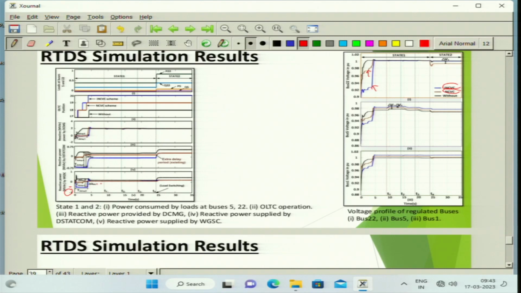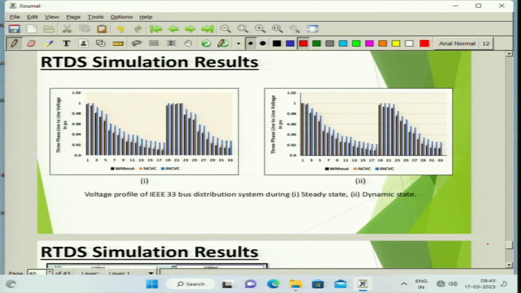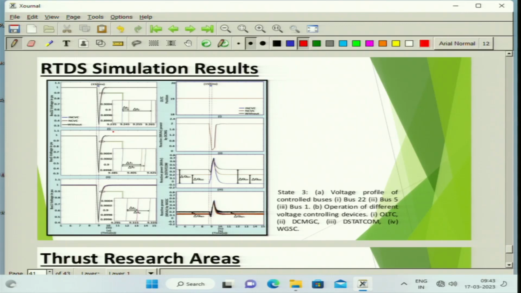So we have more reactive power reserve, because of which we are better utilizing the OLTC, and there is a significant improvement in the voltage profile as compared to the NCVC scheme and other schemes. The transient results also show we have more reactive power to offer in the improvised novel coordinated voltage control scheme, because of which we can further reduce the post-fault voltage recovery time.